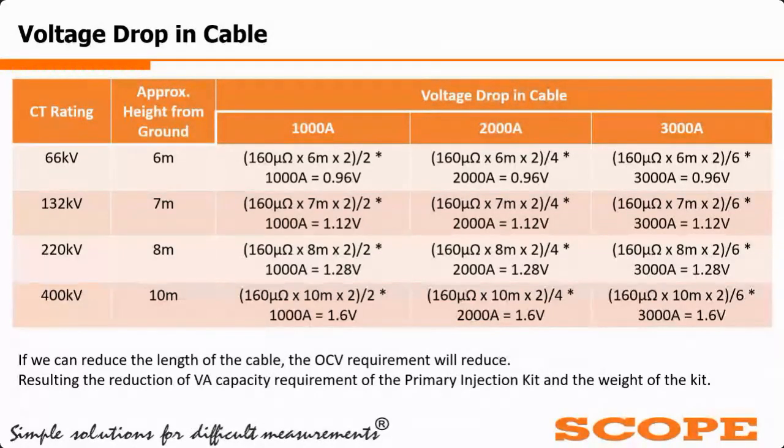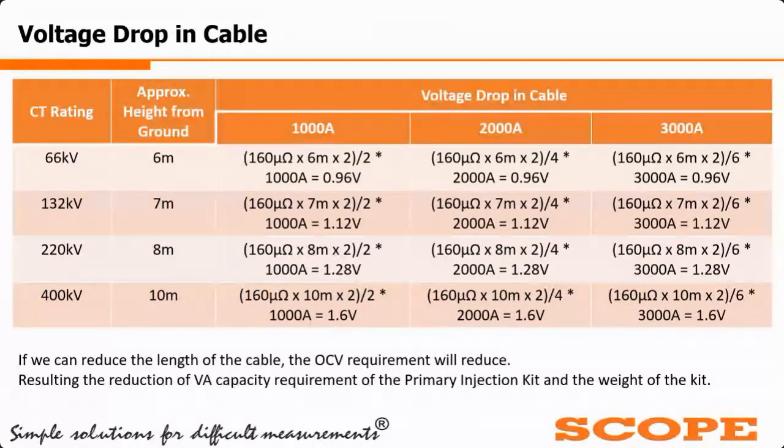So voltage drop is equal to 0.96 volt. So the total voltage drop of that cable is 0.96 volt. Similarly, for 2000 ampere the voltage drop is 0.96, and similarly for 3000 ampere.